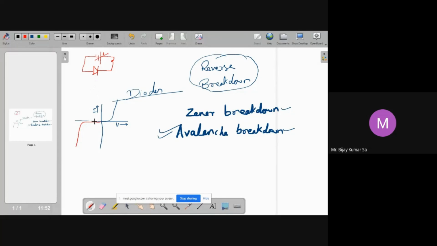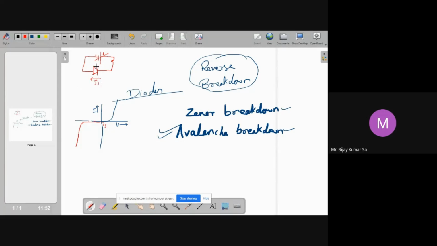Suppose for this reverse bias voltage, the current was this much, which is IS, the reverse saturation current. When I move to this point, the current has not increased much. It has stayed at IS only.